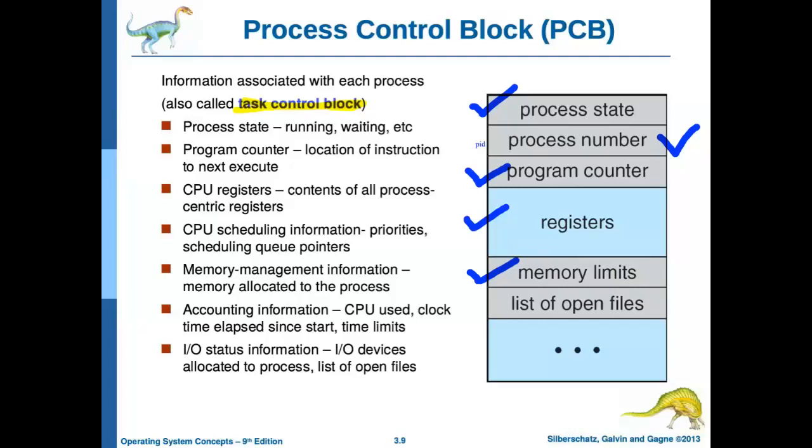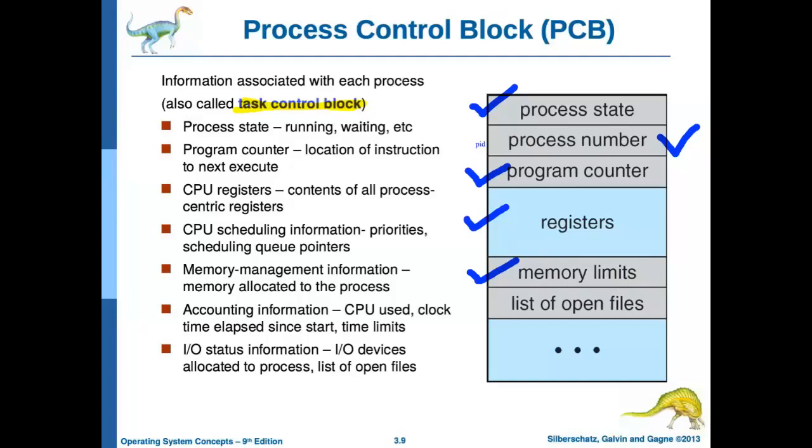So this kind of information, that is the accounting information, is also stored in the process control block, which includes like the CPU time, then clock time elapsed since start, then what are different time limits for that process. Okay, and next one is the IO status information.